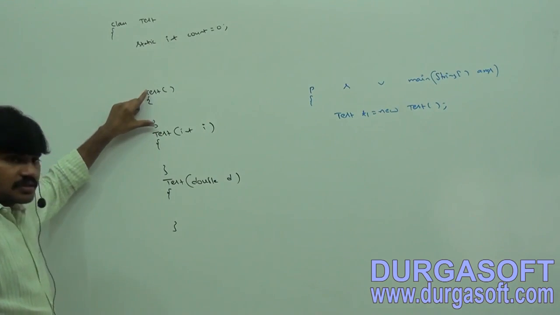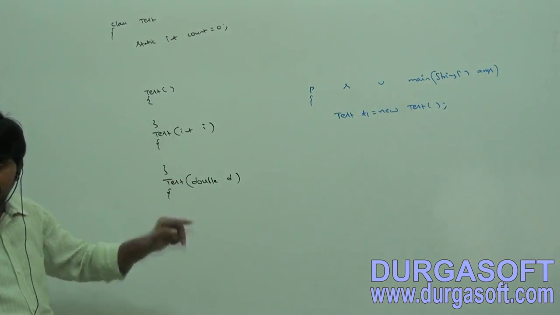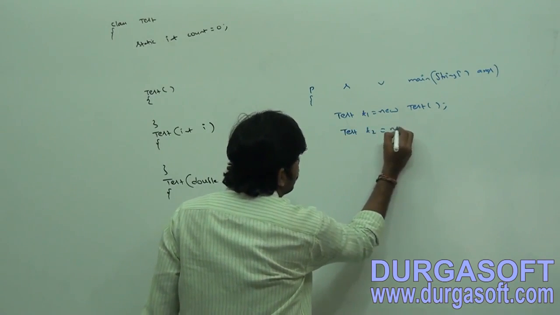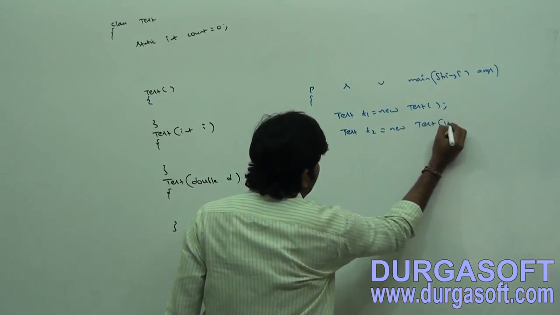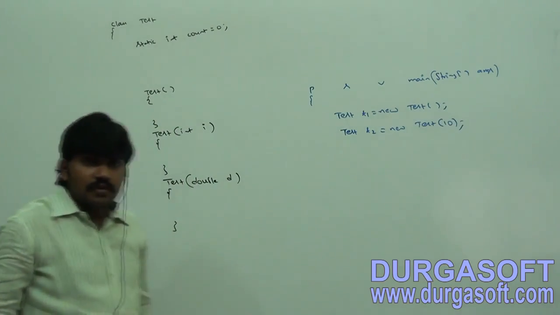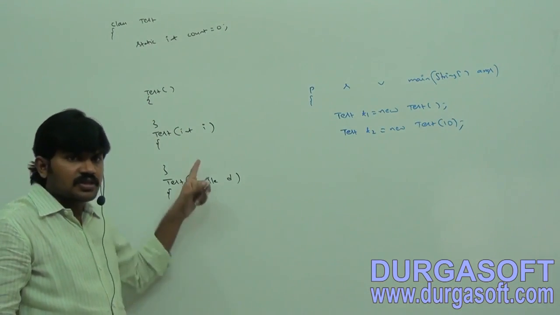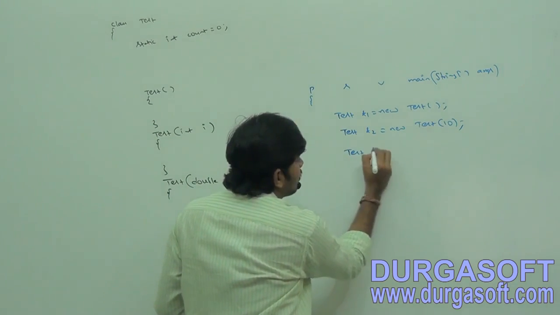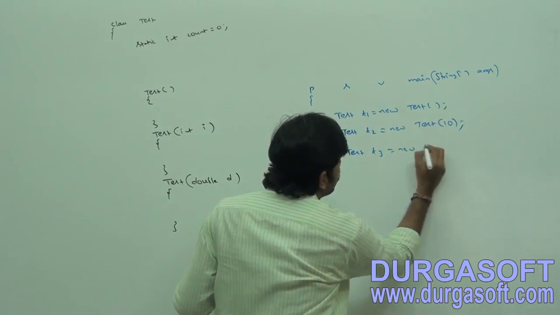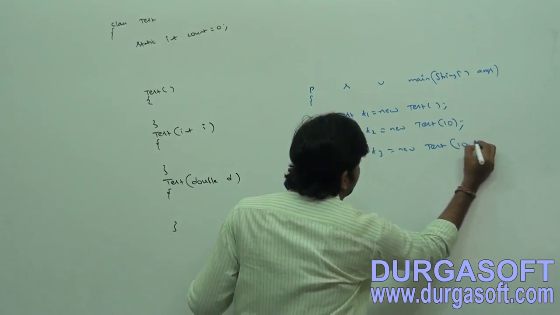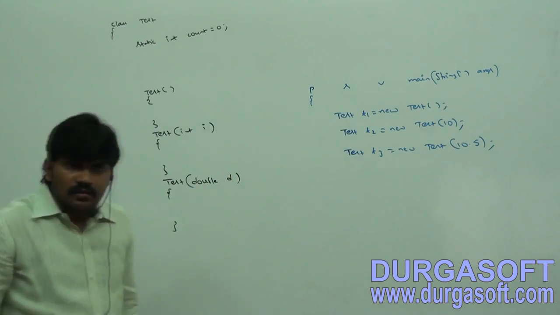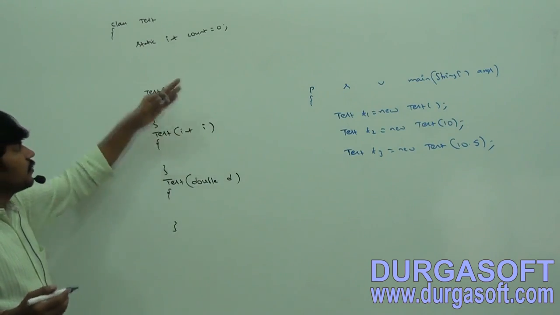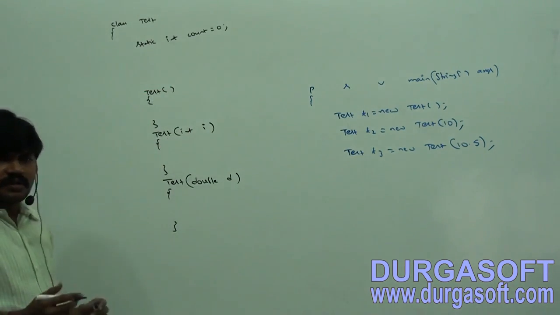The no-argument constructor. Test t2 = new Test(10); which constructor will be called? The integer constructor. Test t3 = new Test(10.5); which constructor will be called? The double-argument constructor, right? Sometimes you may call the first, second, or third constructor.